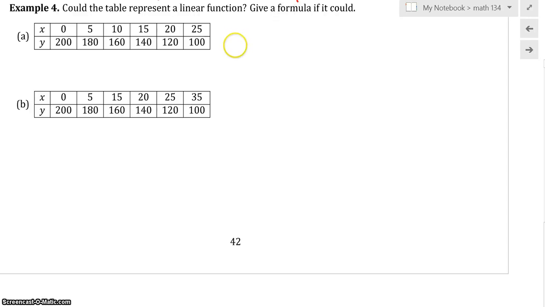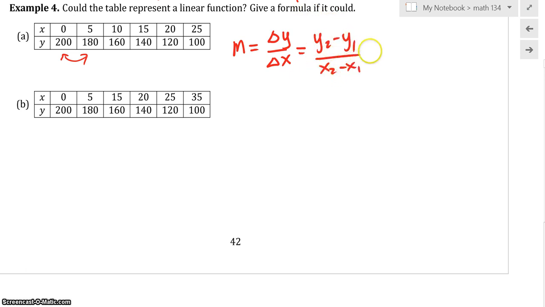So let's just look at the slope. If you remember, what is the slope for part A? It's the change of y over the change of x. So if I take the first 2 points, let me just write it out. It's y2 minus y1 over x2 minus x1.